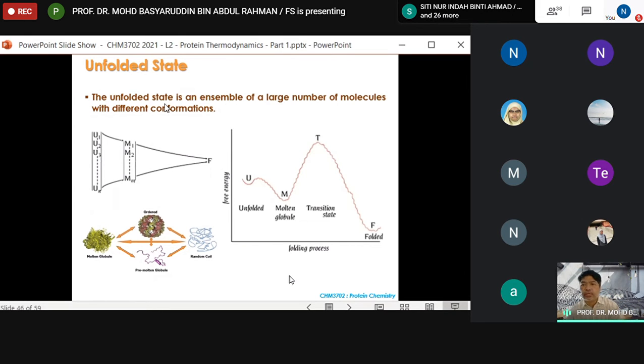Yeah, so the unfolded state is an ensemble of a large number of molecules with different conformations. Then it leads to the molten globule. The size might be about 10% bigger, because before it starts to become totally folded, it reduces its size until one folded or one native protein or enzyme is actually the final part.